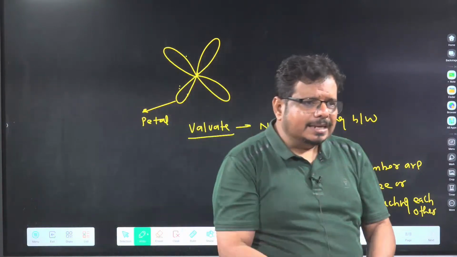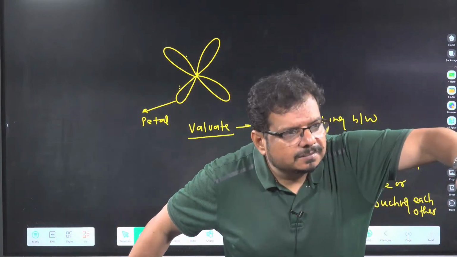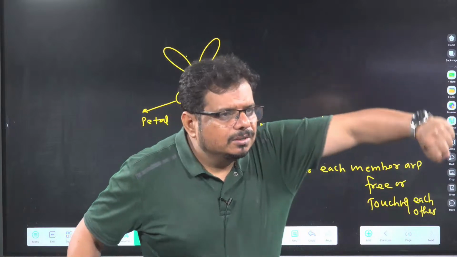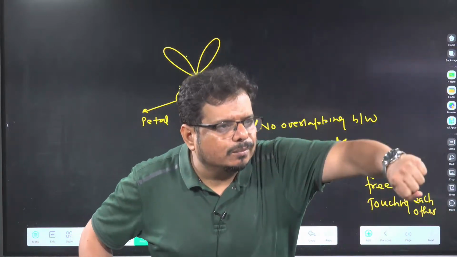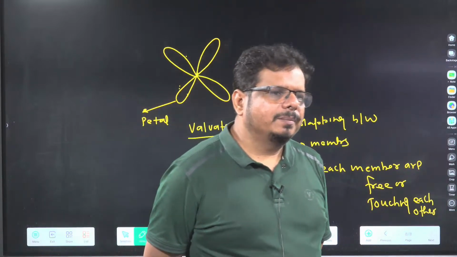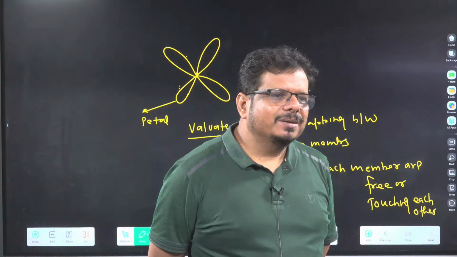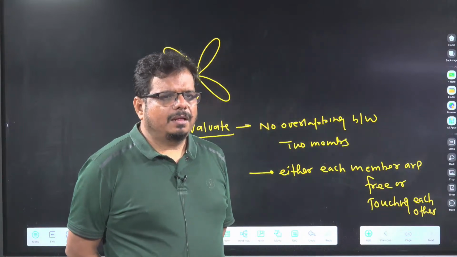So either they touch or they are free, but they cannot keep putting a hand on the neck of another. That is called overlapping. Overlapping does not occur in valvate. Picture came or not? Understand valvate? Calotropis is a beautiful example of valvate.